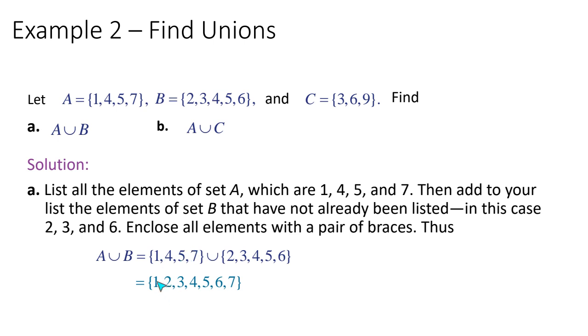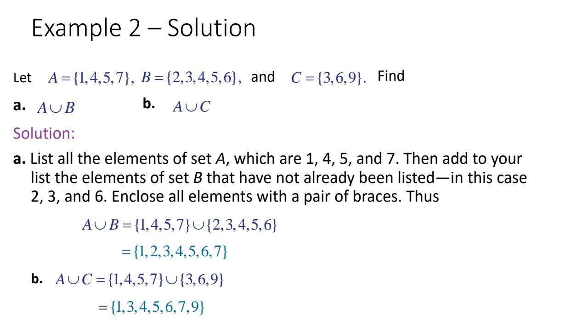So we have 1, 4, 5, and 7. Then you want to bring everything from this side here. So you have 2, 3, 4, 5, and 6. And so this is going to create your new set. So A union B is going to be everything in A and B put together in one set. And if something is repeated, you don't have to write it twice.